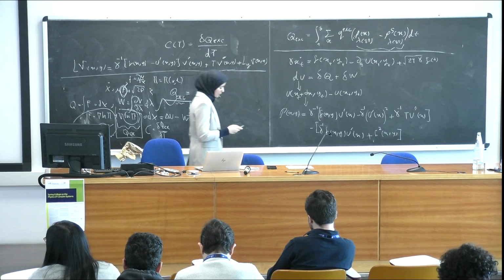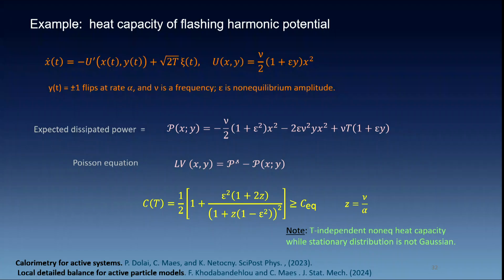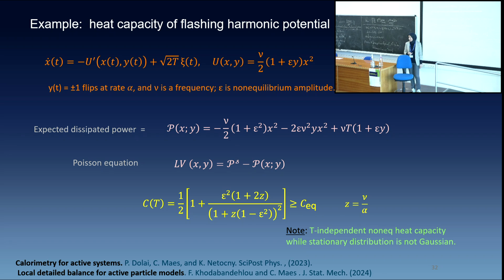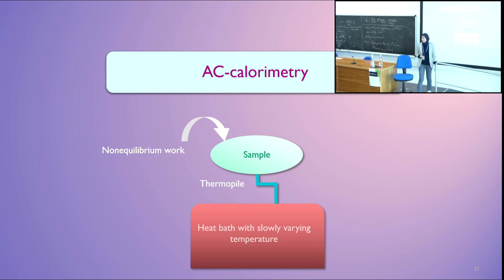Okay. Now there is another way exactly for this question. For this kind of example, this question via AC calorimetry. Do you remember I asked you what is the definition of heat capacity?